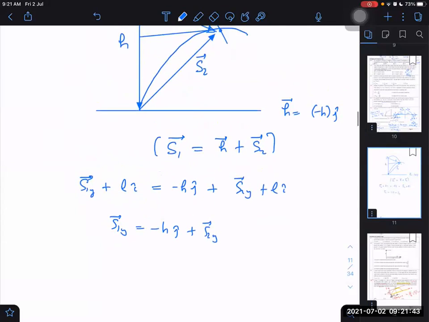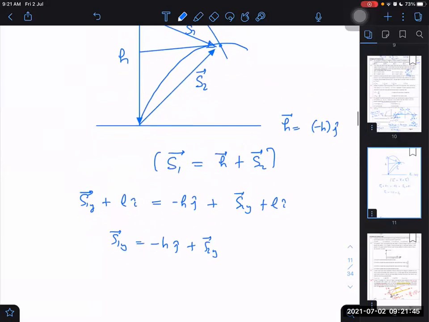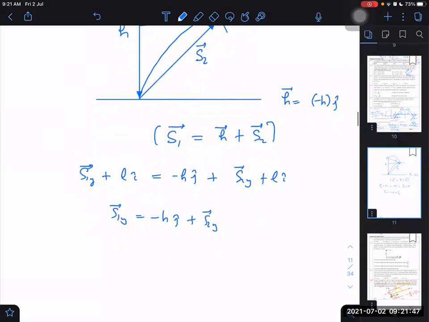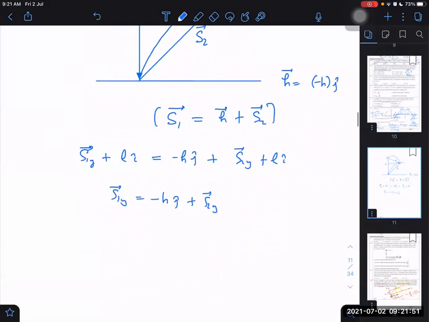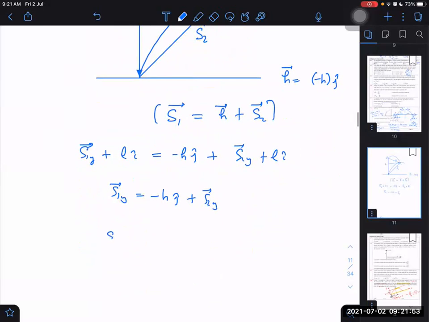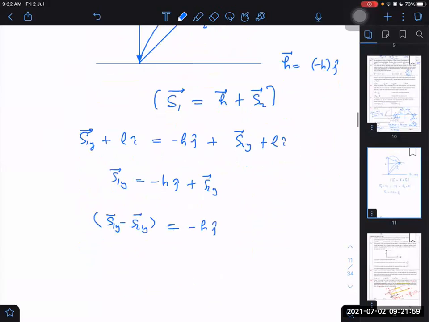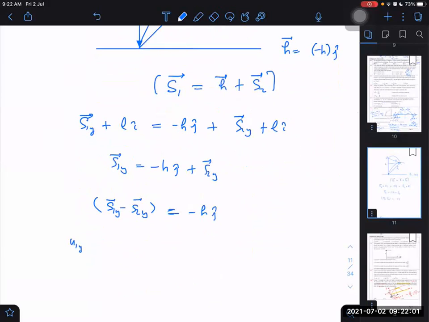What is S1Y? If I take S1Y minus S2Y, then I will get minus H j cap. That will be U1Y into T minus half g t square, minus U2Y into T minus half g t square, is equal to minus H j cap.